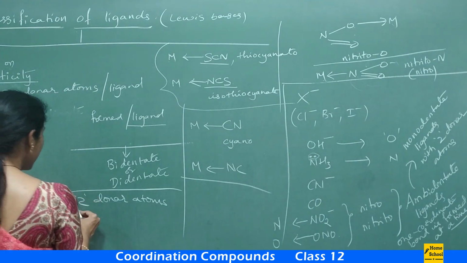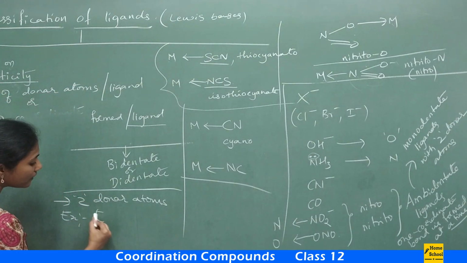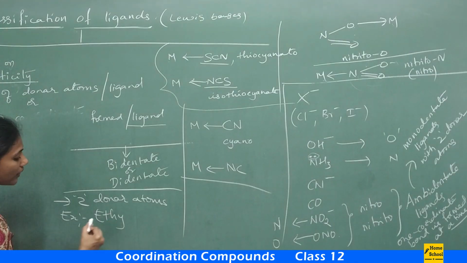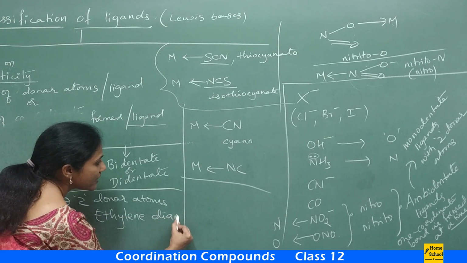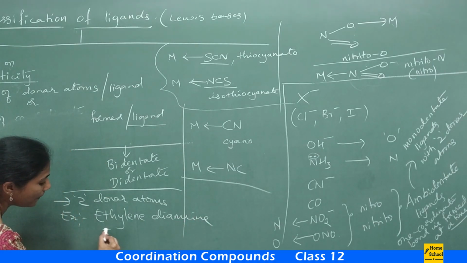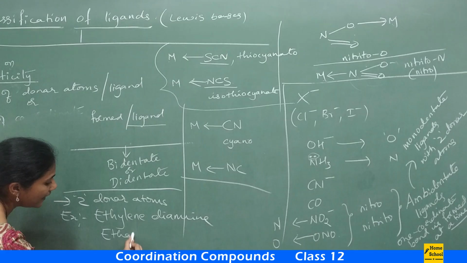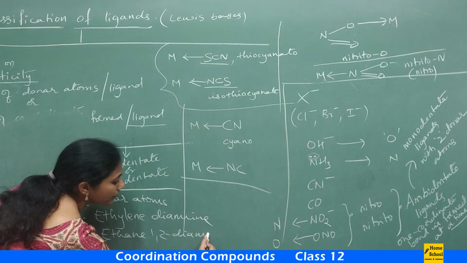The best example here is ethylene diamine. We can shortly call it ethylene diamine. The IUPAC name of this is ethane 1,2 diamine.